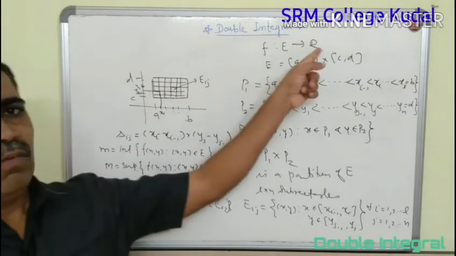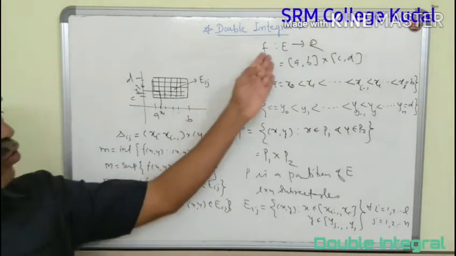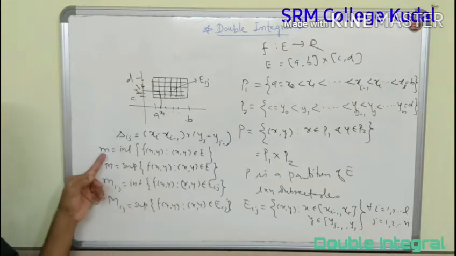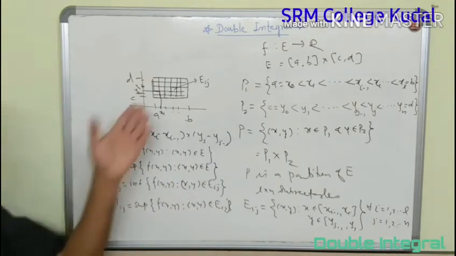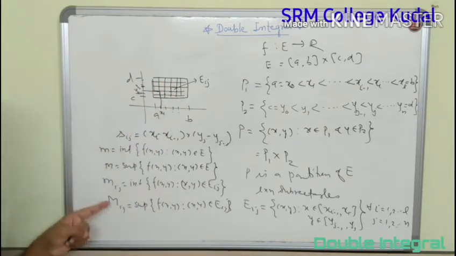As f is a real valued function, its values are real numbers, so the infimum or supremum of f either on E or E_ij will also be real numbers.